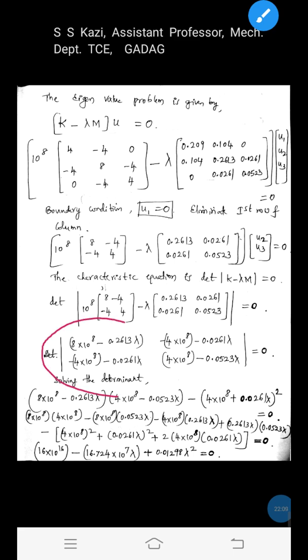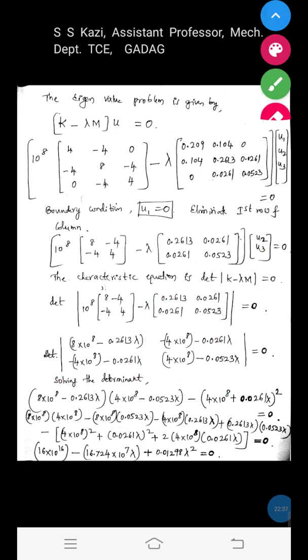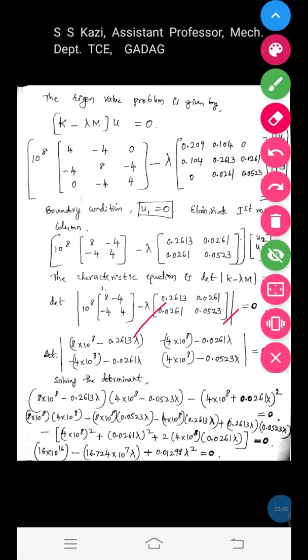After eliminating the first row and first column using the boundary condition, we got 8 into 10 raised to 8 minus 2.2613 lambda and so on. Just replace lambda by lambda 1 here, and you will get k minus lambda 1 m multiplied by u2, u3, that is x1. For the second eigenvector you just replace lambda by lambda 2, and we will get the eigenvectors.